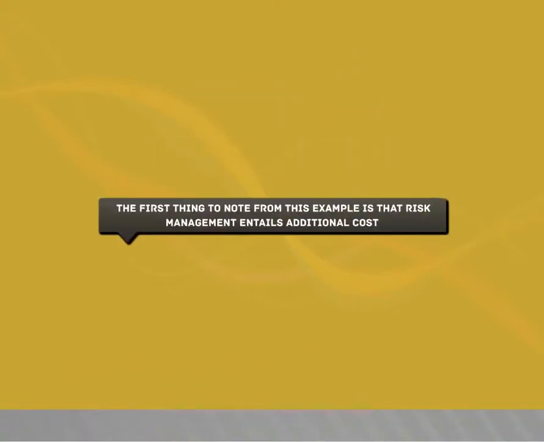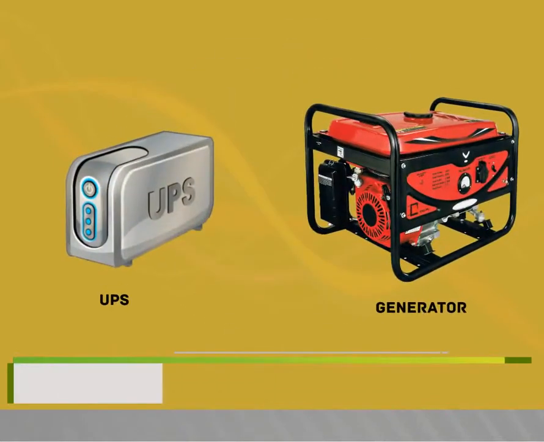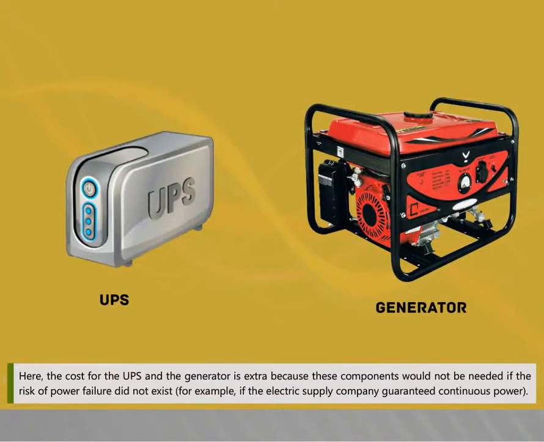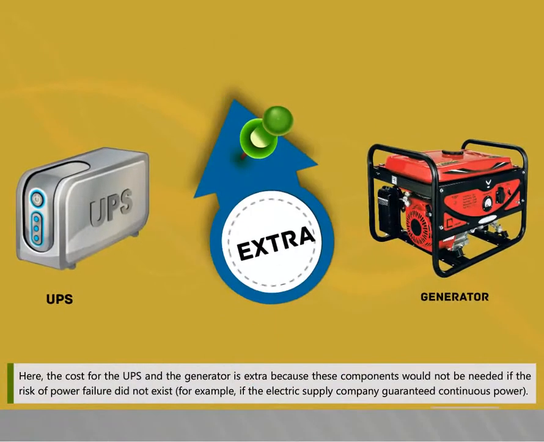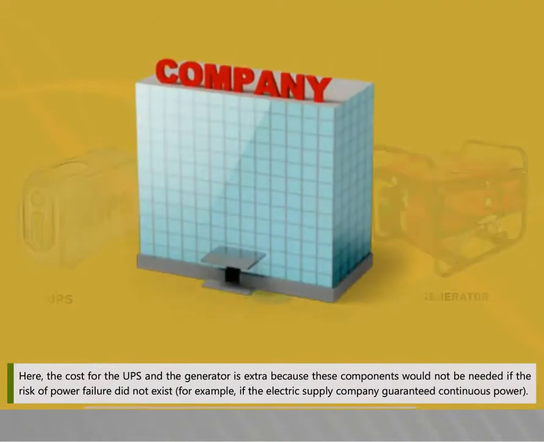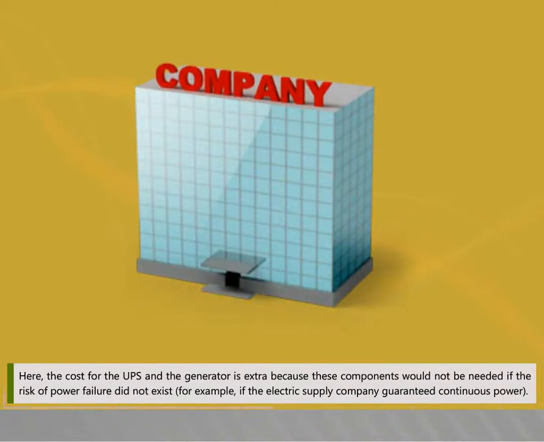The first thing to note from this example is that risk management entails additional cost. Here, the cost for the UPS and the generator is extra because these components would not be needed if the risk of power failure did not exist. For example, if the electricity supply company guaranteed continuous power.